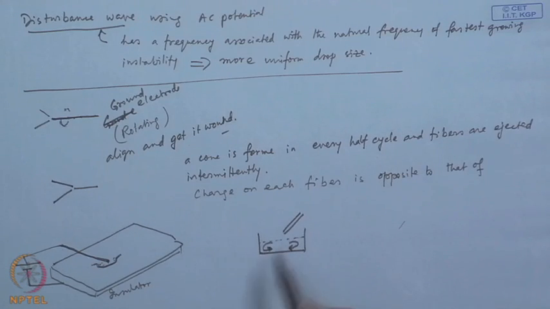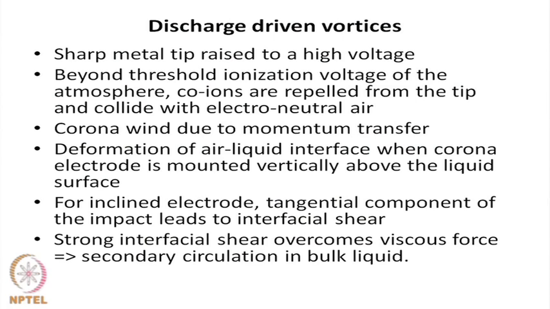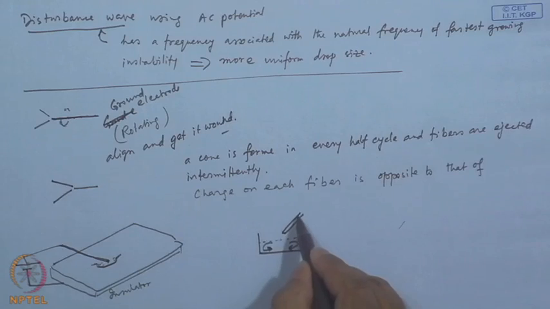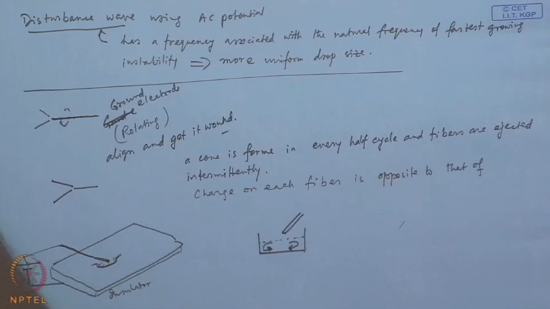The reason is something like this: a sharp metal tip is raised to a high voltage. Beyond the threshold ionization voltage of the atmosphere, co-ions, I mean, this tip is in the atmosphere, the tip is not touching the liquid, co-ions are repelled from the tip and collide with electroneutral air.